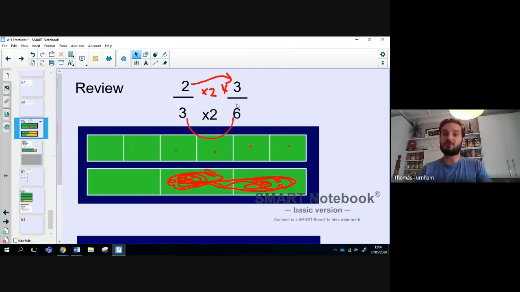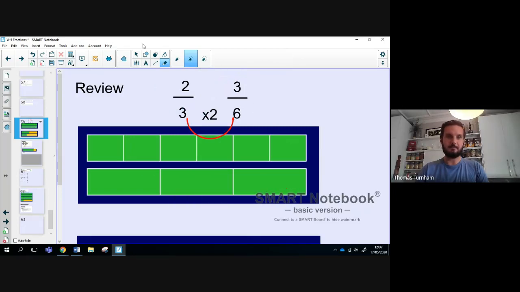Where it gets tricky is if I try and do it the other way around. If I wanted to go the opposite way around and convert sixths into thirds, then I'm no longer timesing by 2. Instead, I'm dividing by 2. I'm just going to use that symbol for the moment.